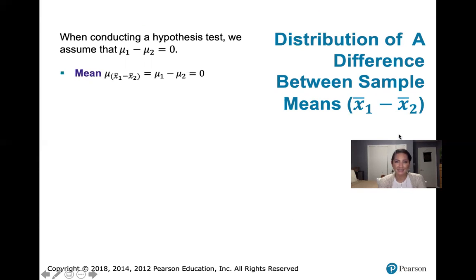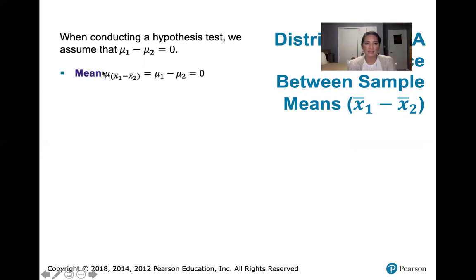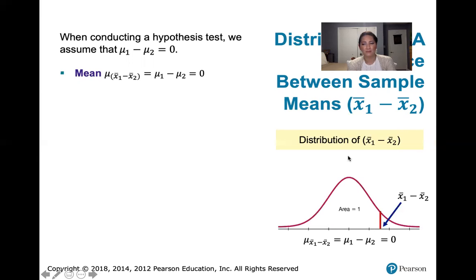In that case, the mean of the difference between the two sample means is equal to the difference between the two population means. Since we're assuming the null hypothesis is true, we're assuming that that mean is 0. So I've got a 0 right here in the middle.